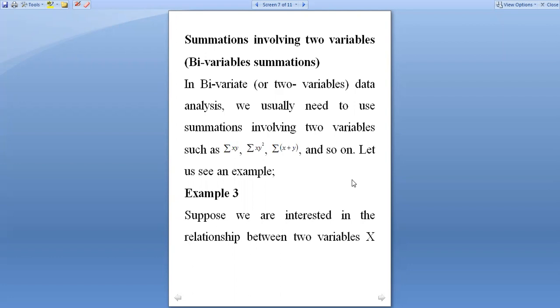Bivariate means two variables. So when we say bivariate analysis, we mean analyzing data for two variables.